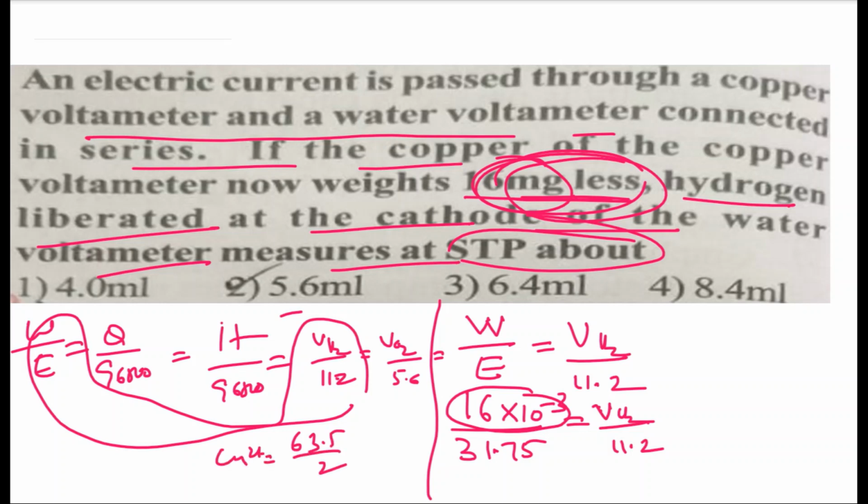So you are getting 31.75. Very simple. Here you just need to know what combination formula you applied. I already told you the sequence formula. That formula is enough for all Faraday's laws. Then the volume of H2 you are getting is 5.6 ml. I hope you understand. Very simple problem.